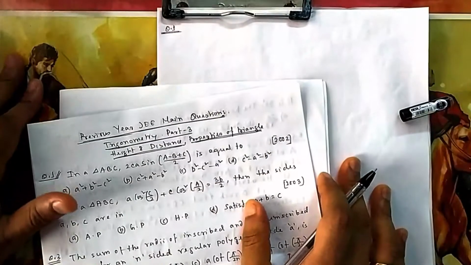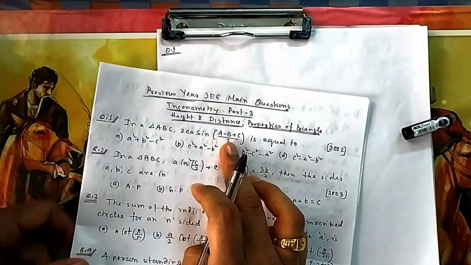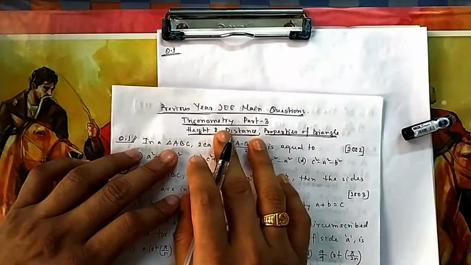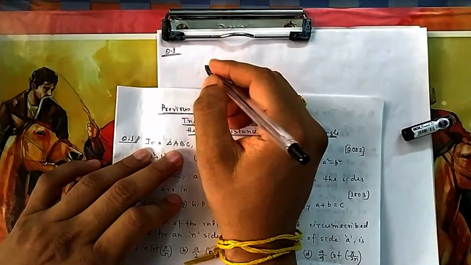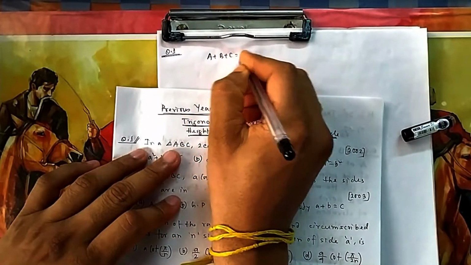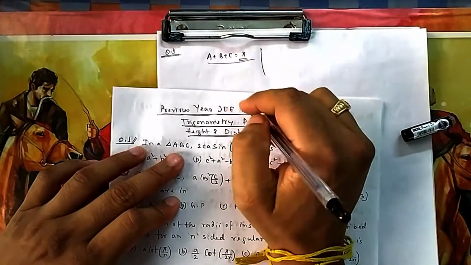In question number 1, what they are asking: in triangle ABC, 2CA sin((A − B + C)/2) is equal to. Because it is a triangle, every time they give a triangle, one thing you have common: A + B + C = pi. You have to remember that; it is already given, hidden, because it is a triangle.